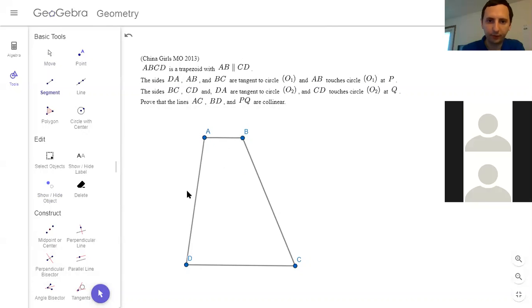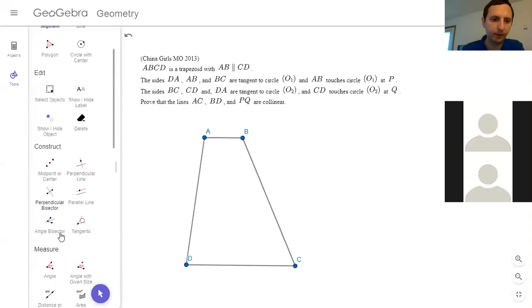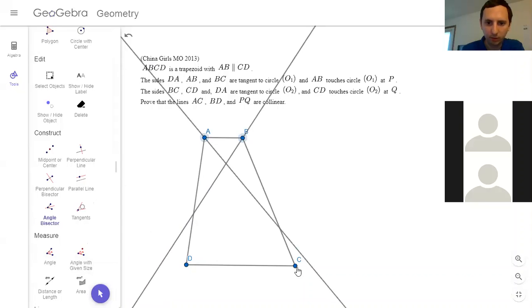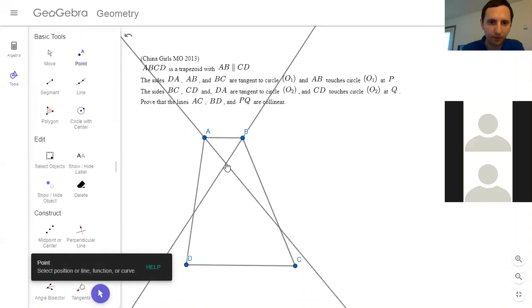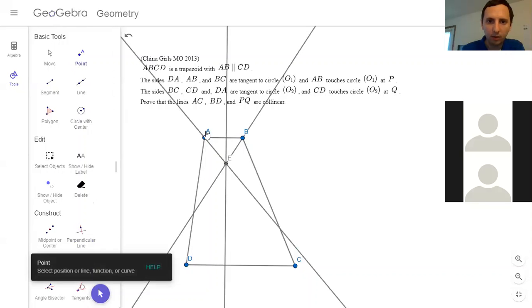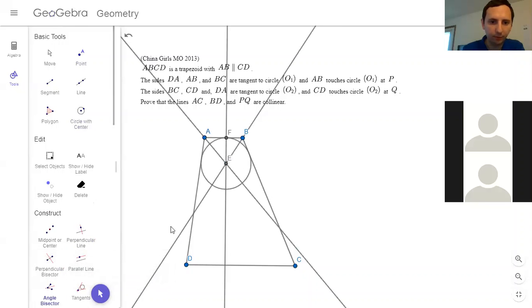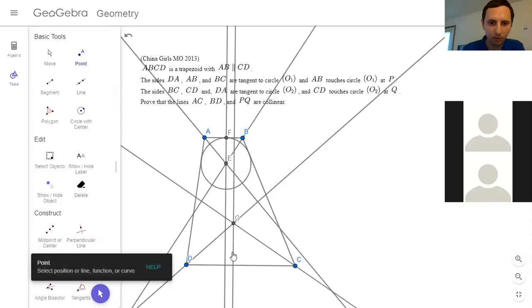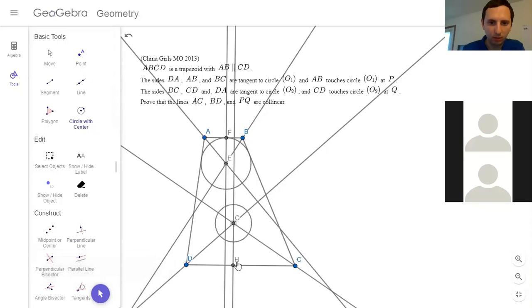So we draw a circle tangent to these three and another one tangent to these three. So we draw this circle, and then we draw a similar circle down here.